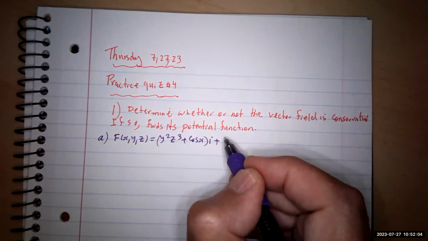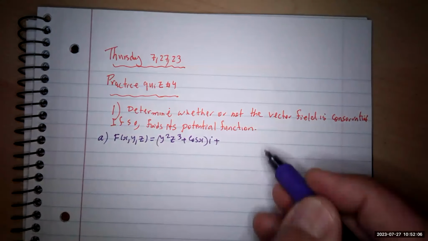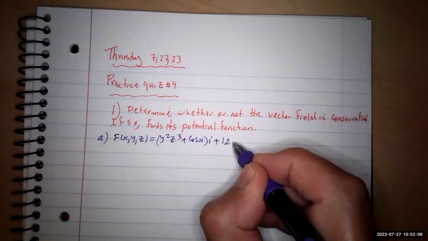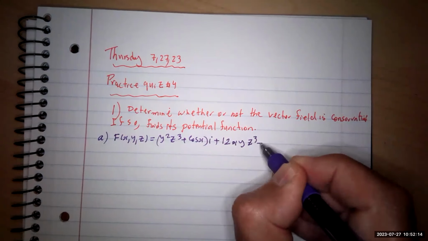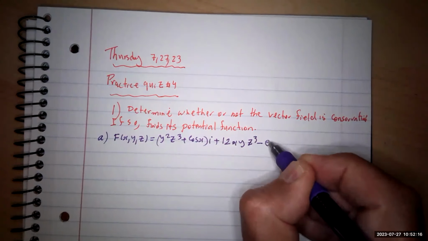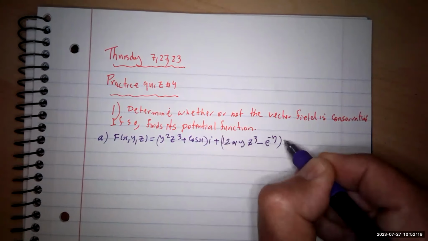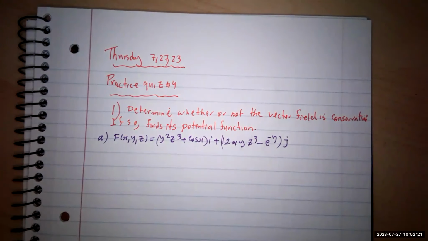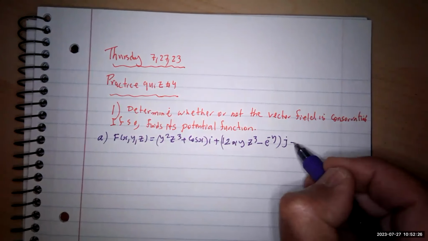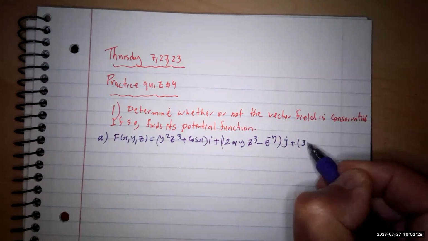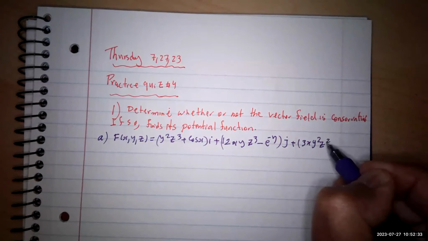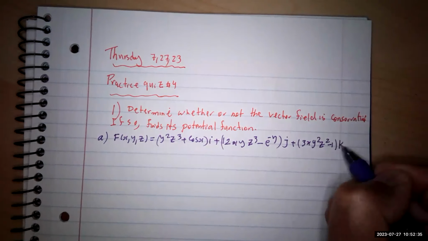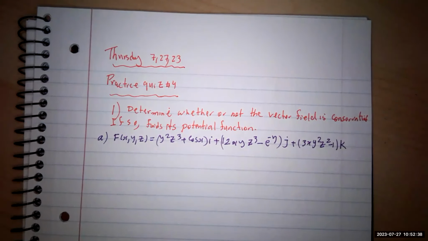The second component is 12xy z cubed minus e to the negative y times j. And the third component is 3x y squared z squared minus 1 times k. So it's a function of 3 variables.